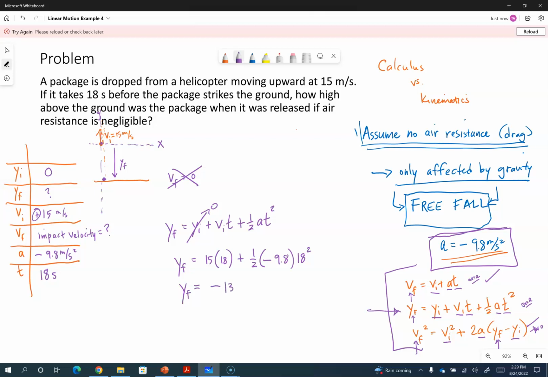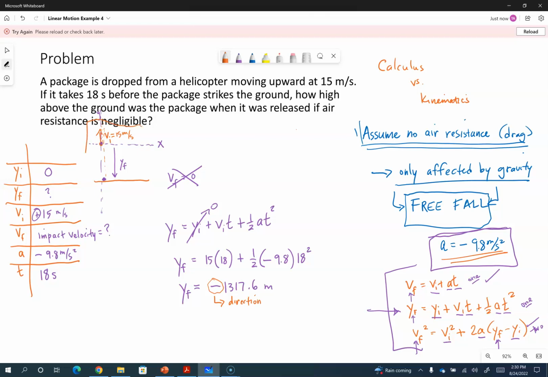Plugging this into my calculator tells me my final answer is negative 1317.6. Which of course I cannot leave it that way because I do not know the answer this significantly. I do want to point out, what do we mean by the negative sign? Every problem that we do, plus and minus, the sign is always dependent and determining the direction in the coordinate system we're talking about.